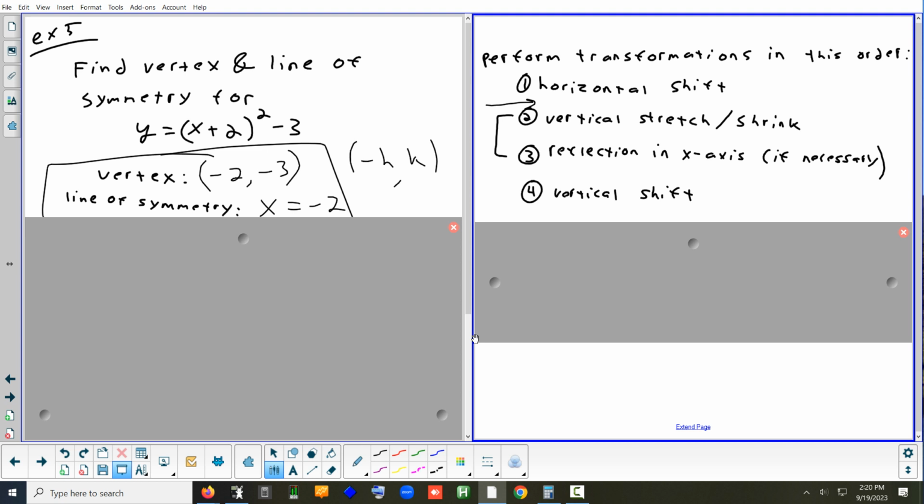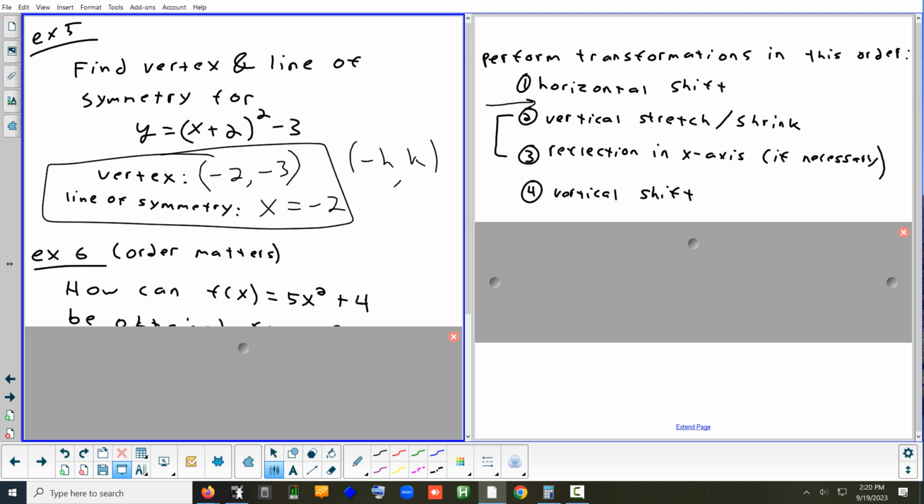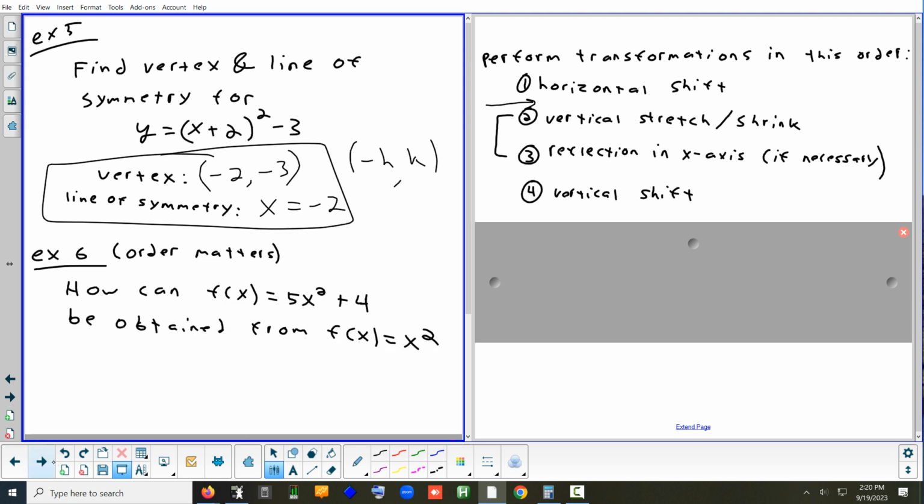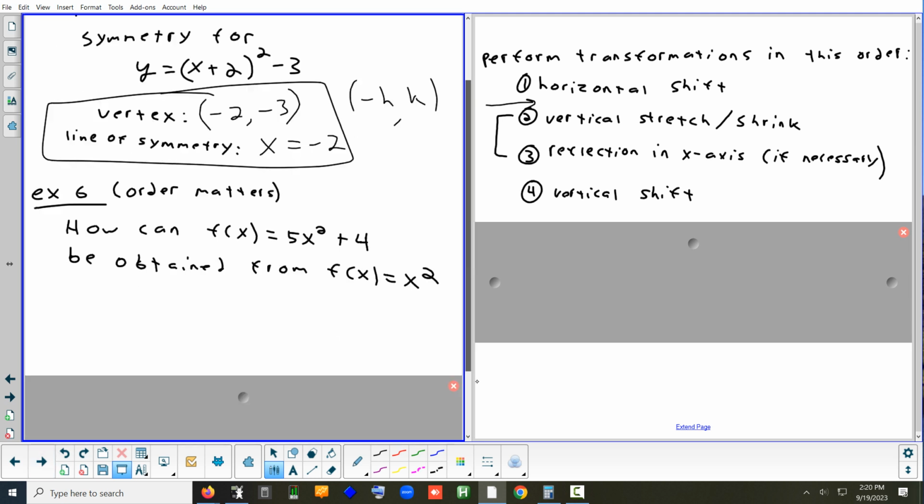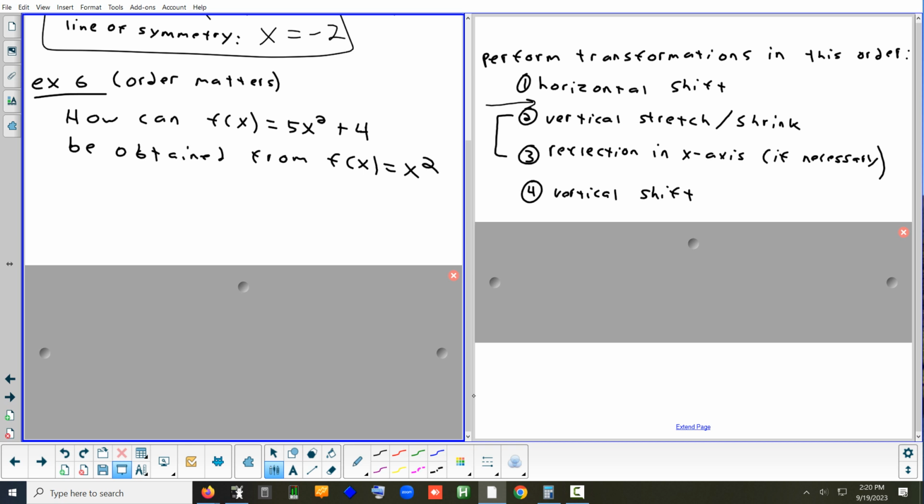Okay, I'll keep that up, and let's look at the problem at the same time. This says, how can the graph of f(x) equals 5x squared plus 4 be obtained from the original f(x) equals x squared?